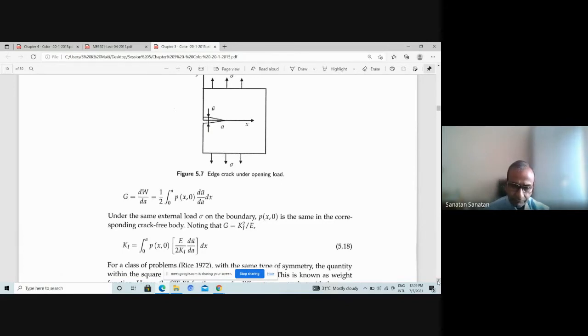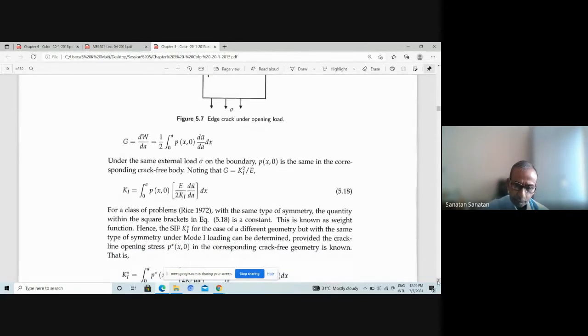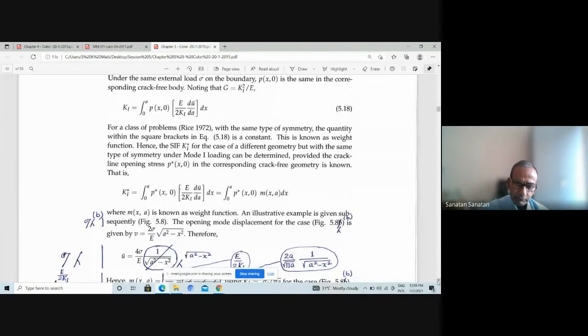And in fact, this is abundantly applied. As I said, there are books available for this weight function, with the term within that bracket called the weight function, and it is available in lots of handbooks.